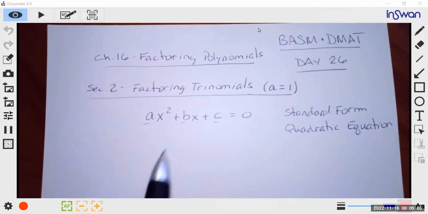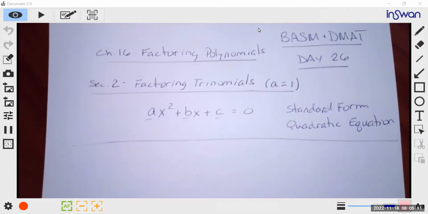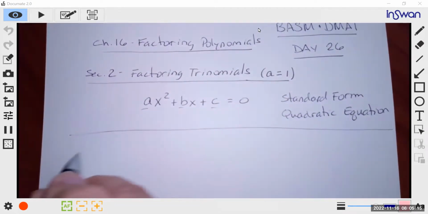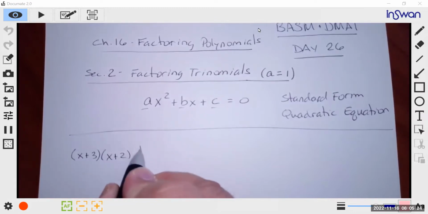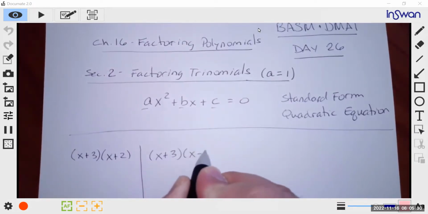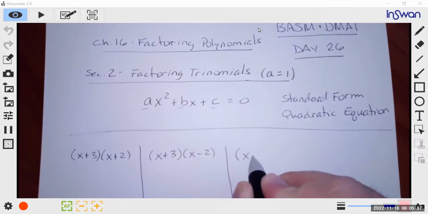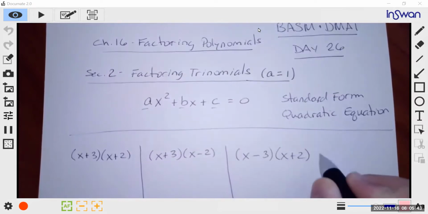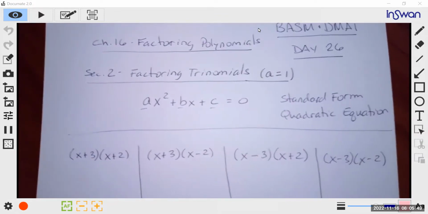So let's review also. Remember last time I had you multiply these binomials together: x plus 3, x plus 2; x plus 3, x minus 2; x minus 3, x plus 2; and then x minus 3, x minus 2.